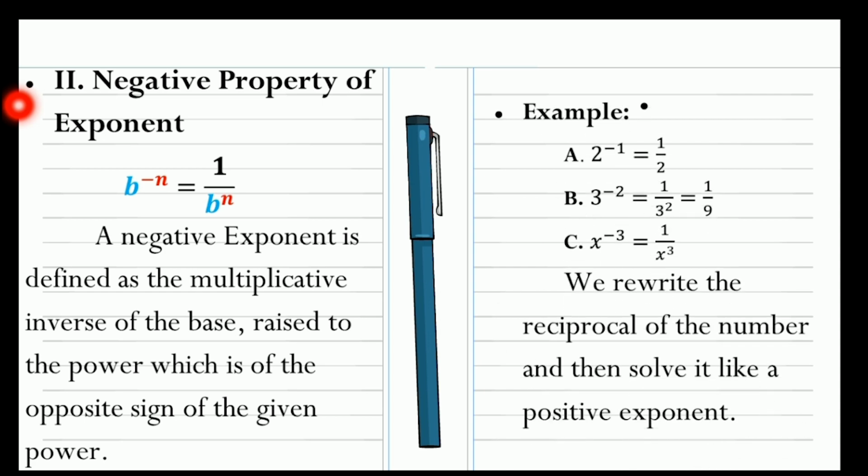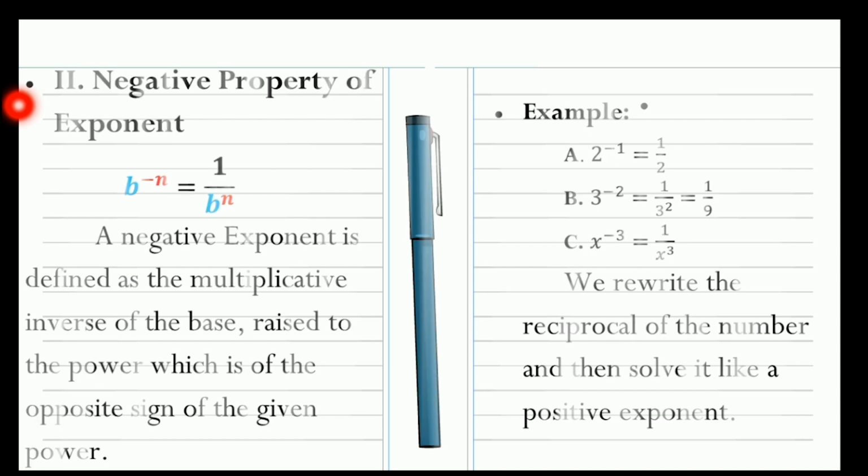For example, 2 raised to negative 1 is equal to 1/2. 3 raised to negative 2 is equal to 1 over 3 raised to 2, and 3 raised to 2 is equal to 9. Then 3 raised to negative 2 is equal to 1 over 9. x raised to negative 3 is equal to 1 over x raised to 3. We rewrite the reciprocal of the number and then solve it like a positive exponent.